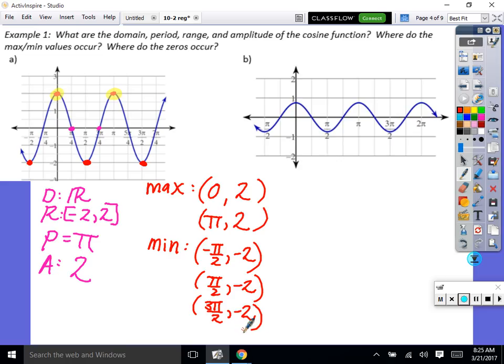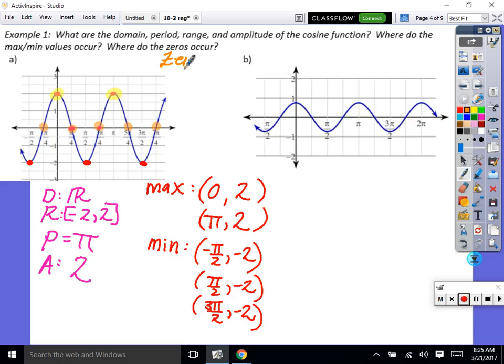Now it's asking us, where are the zeros? So let's highlight. Zeros are across the x-axis. Across there, there, there, there, and there. So we have many zeros. So this is going to take a lot of listing.